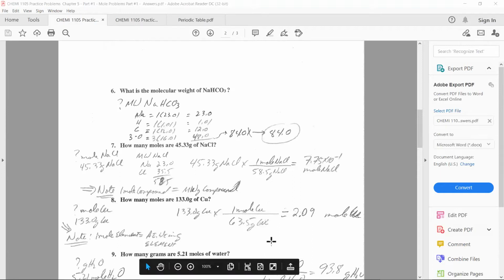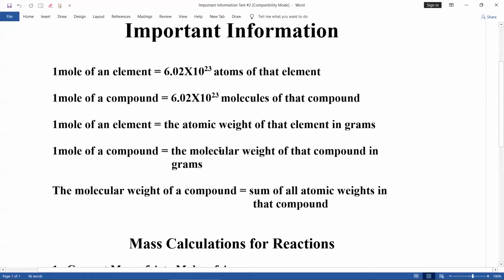Now, let's look at important information again. Next 2 things you should know. 1 mole of an element equals the atomic weight of that element in grams. And 1 mole of a compound equals the molecular weight of that compound in grams.